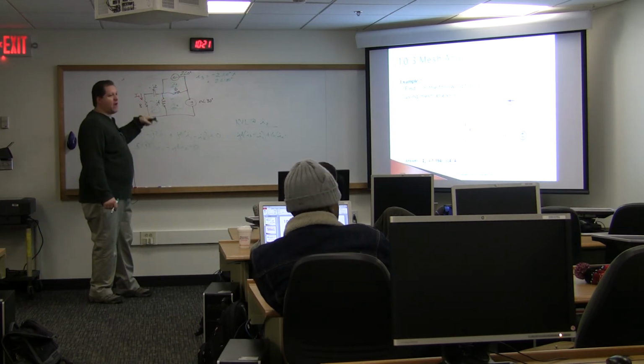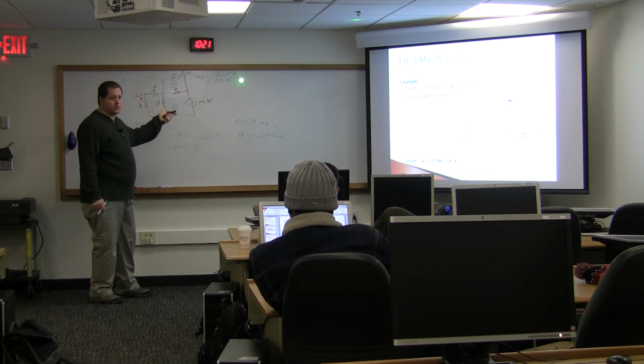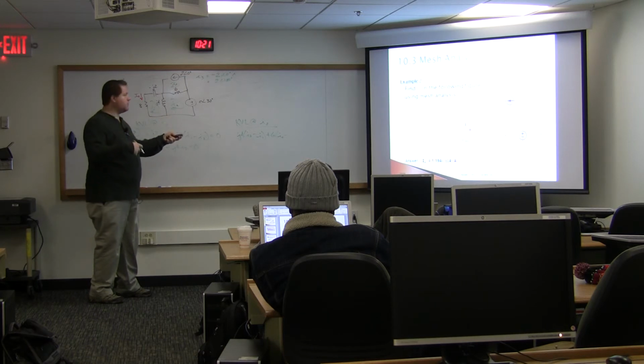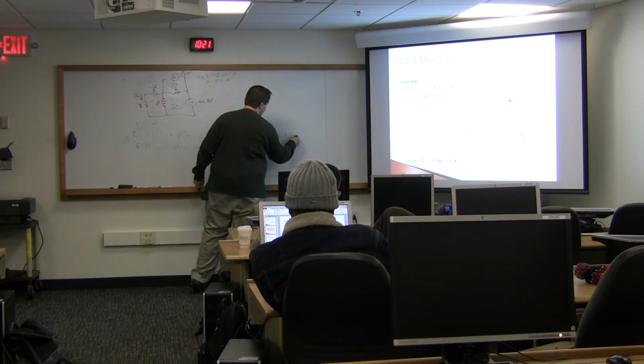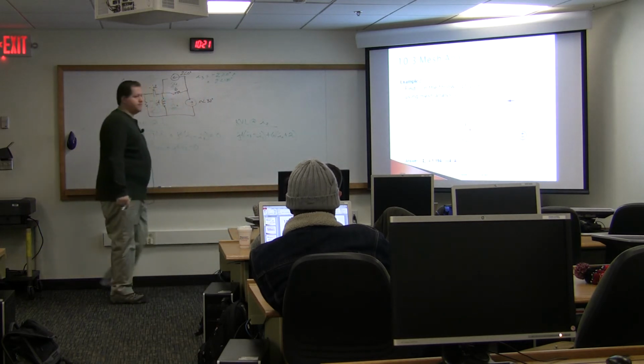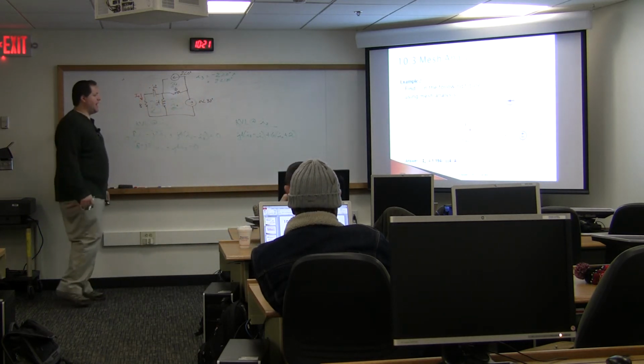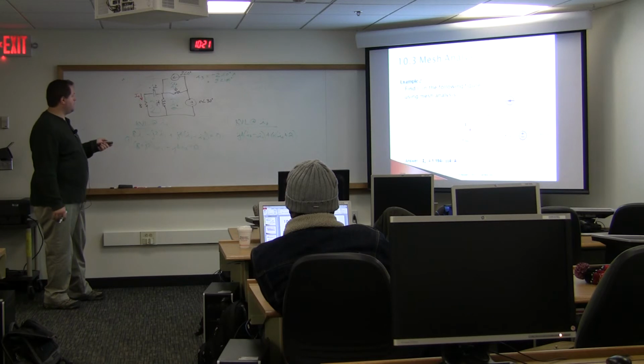So it would be negative I3. But I3 is negative 2, so the negatives cancel out, so positive 2. It's easier to not have the 180 in it, because it just cancels out anyways.